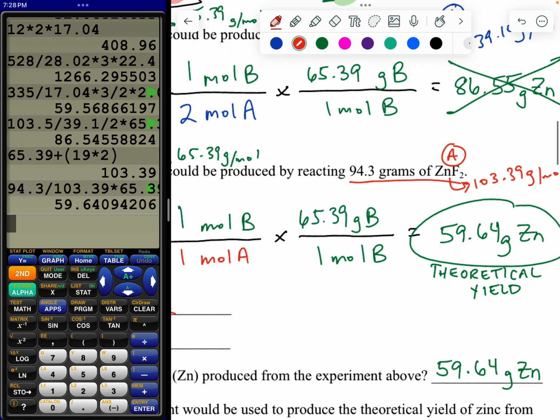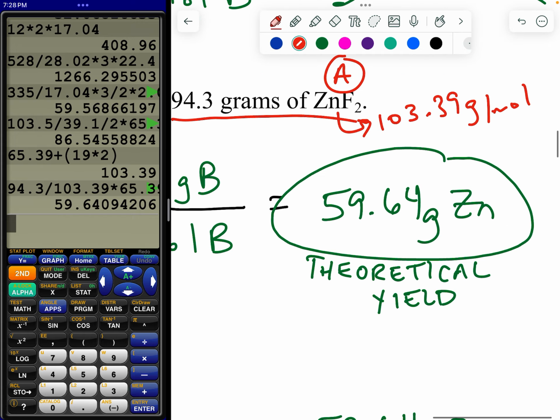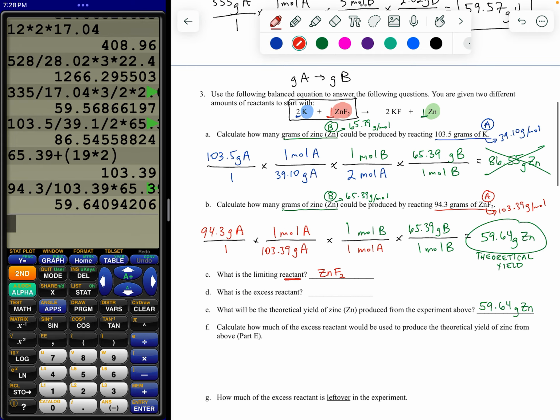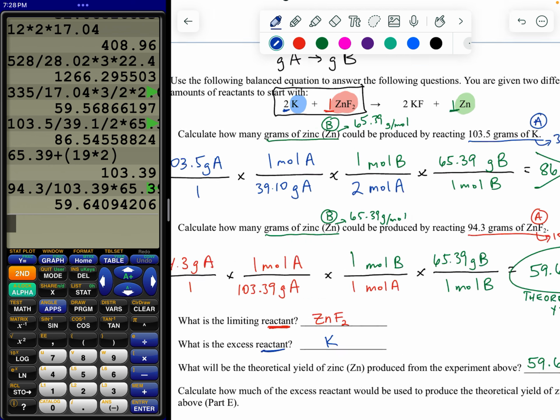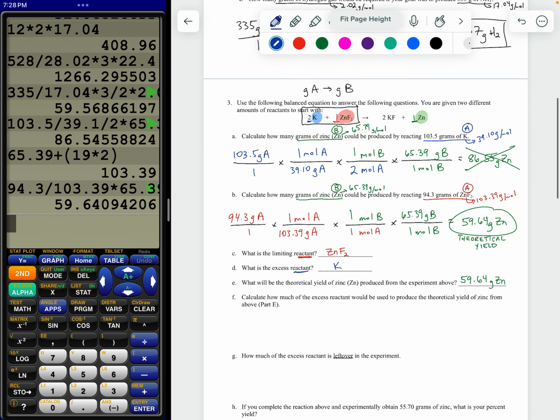That reactant produced that smaller amount. That's our theoretical yield, which means that our excess reactant, the one that we have more than we need of, is our potassium, right? Because those are the 2 reactants that I have to choose from.